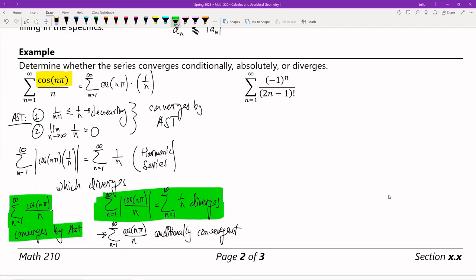Since one of them converged and the other diverged, we have all that we need to show that our original series is conditionally convergent. And that is it. Cool beans.